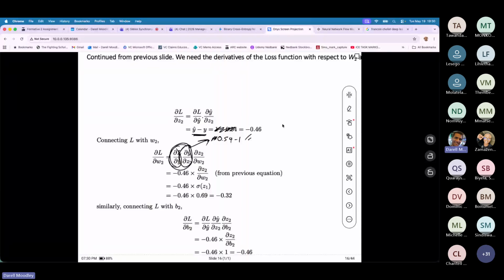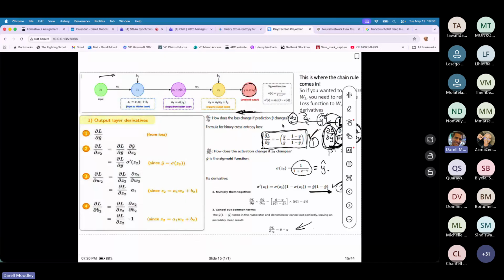And the last derivative here, this dz2, this part here, this is quite easy, dw2. Why? Because let's see how z2 and w2 are related. If you look at the diagram in the previous page, there it is. It tells you exactly how z2 and w2 are related. Okay, so if you wanted the derivative of dz2 dw2, it's simply just the value in front of it.